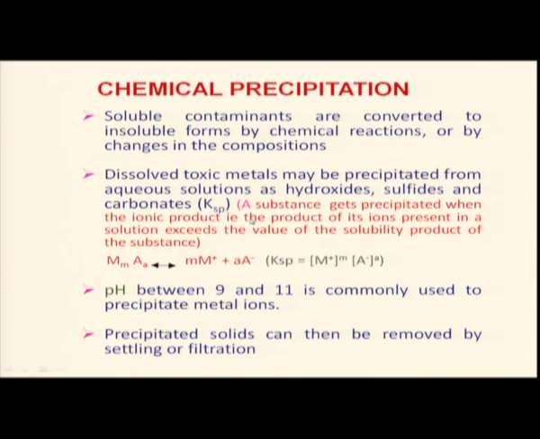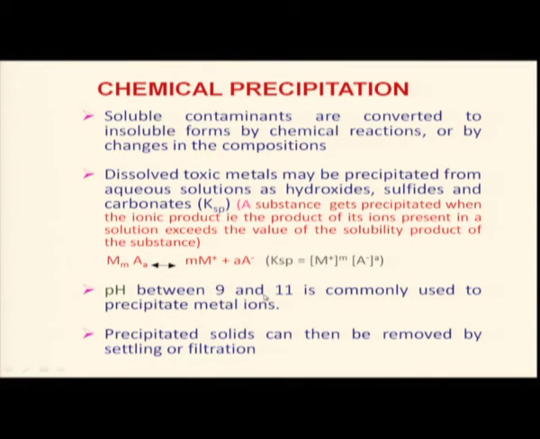Okay. That is, a substance gets precipitated when the ionic product, that is the product of the ions present in a solution, exceeds the value of the solubility product of the substance. So, the equation is given here, and the KSP value is a key for this. And most of the metals, especially the toxic heavy metals present in wastewater or industrial effluent, can be precipitated as the respective hydroxide by raising the pH alone between 9 to 11.